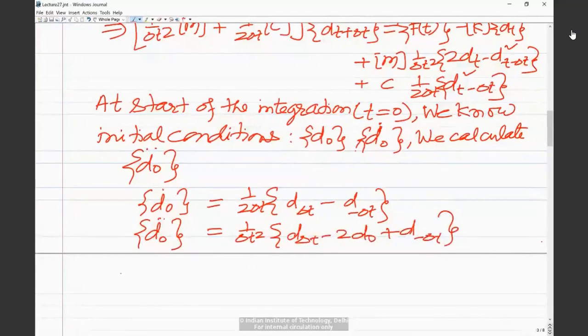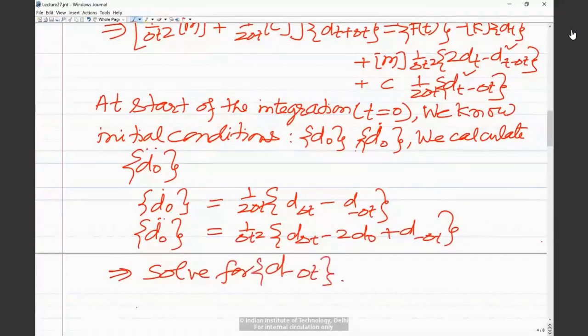So now if you solve for d at minus delta t, if you solve these two equations, because we know d naught, d naught dot, and d naught double dot, we can solve for d at minus delta t.